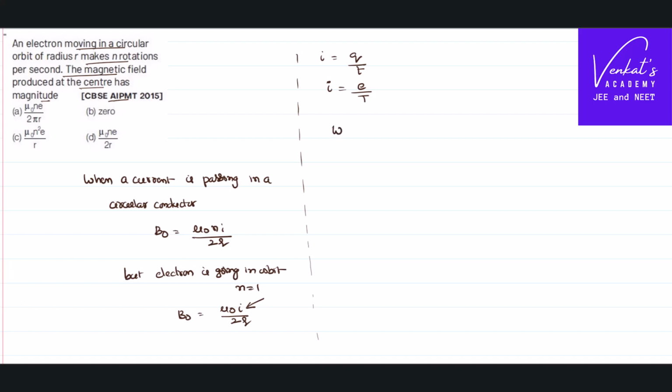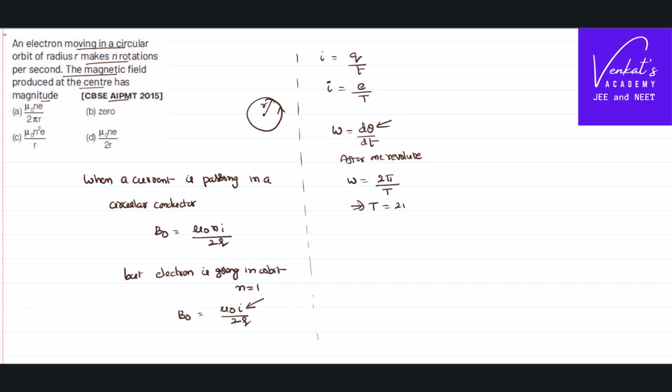But we can further write time period using omega, angular velocity, which for any circular motion is the rate of change of angular displacement. After one revolution, when the electron completes one orbit, the angle covered is 2 pi, and the time taken for the revolution is called the time period.